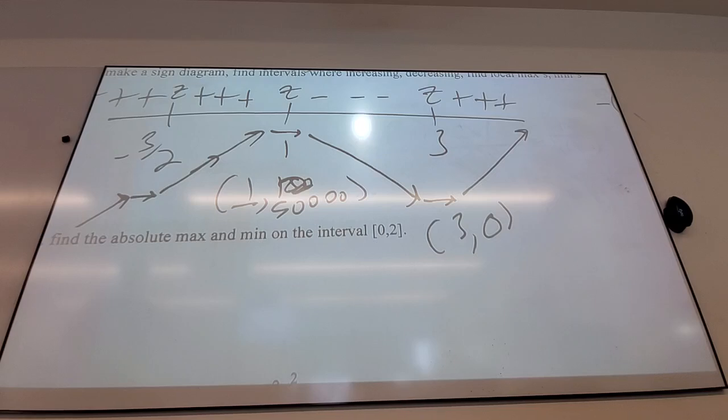Local mins and maxes kind of suck. You have to do the whole sign diagram. You have to see, oh, they're going up, or is it tricking me? Oh, it tricked you. So you have to do all that. For absolute max and min, plug in all your critical numbers, plug in your endpoints, see what's the biggest, see what's the smallest. Done. So absolute max and min are great.